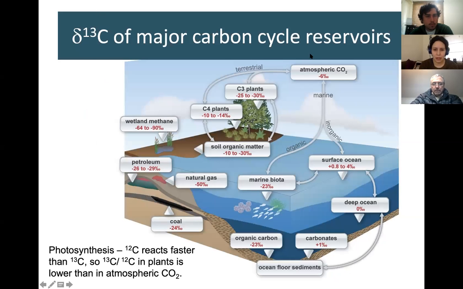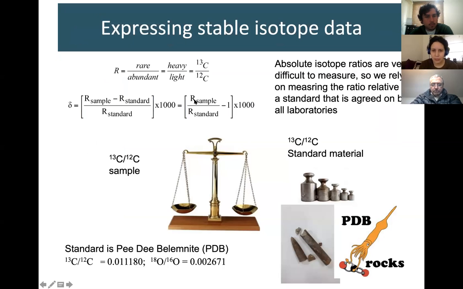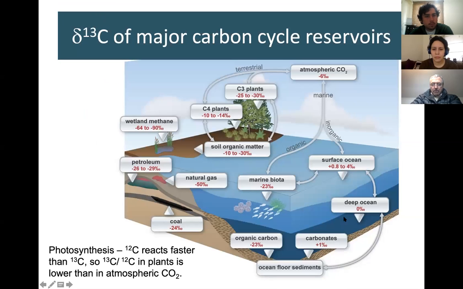So if we look at the C13 values of the major carbon cycle reservoirs, if we have the same value in a sample as our standard, then this would be 1 minus 1 times 1,000, so it would be 0 per mil. And if we look at the ocean, since our standard is a carbonate that originally came from marine bicarbonate and carbonate precipitation of calcium carbonate, we expect values of dissolved inorganic carbon in the ocean to be close to our standard.